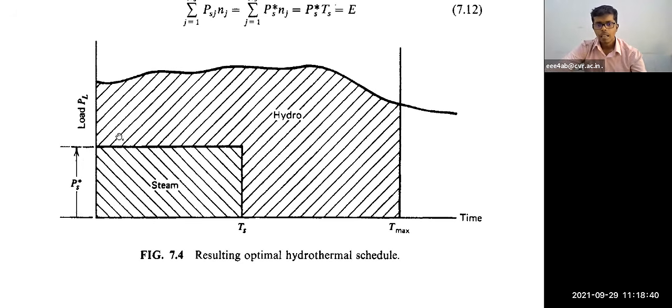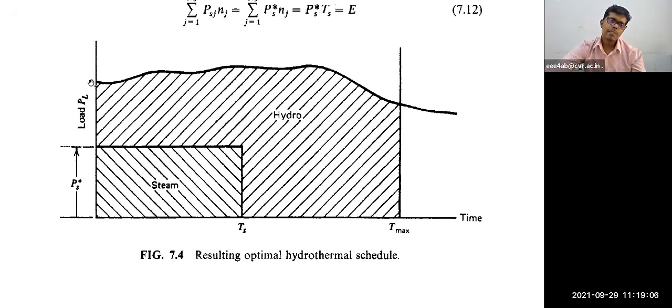The hydro plant generates for the maximum T max hours, but steam only for TS hours, like 6 or 8 hours, a very minimum amount. The power generated is also very small, that is PS star, the optimum value, to meet the total demand.